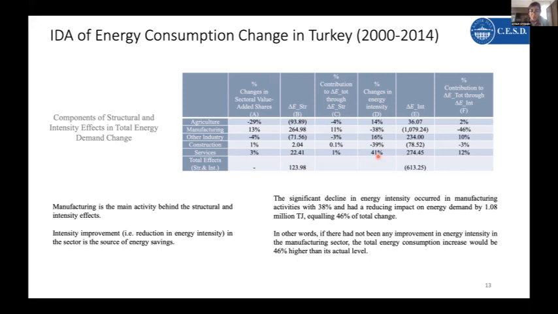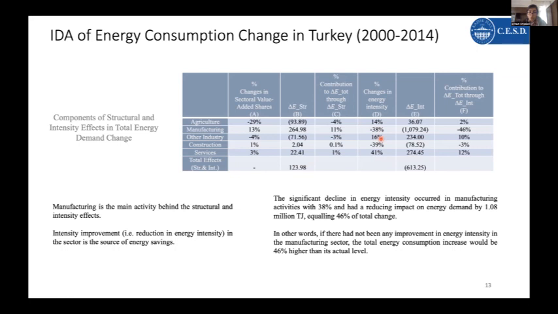On the other hand, as I explained before, energy intensity improvements resulted in energy savings, and the major source of this energy saving came from the energy intensity improvement in the manufacturing industry. We see that the energy intensity decreased 38% in manufacturing, which resulted in a 49% decreasing intensity effect.